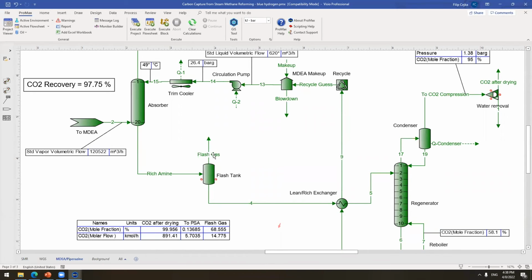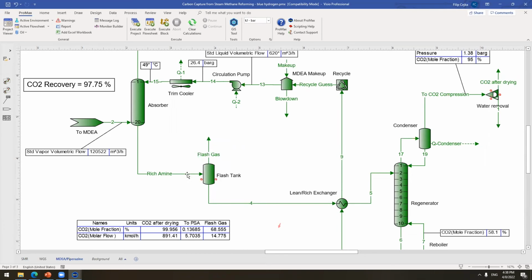and you might ask, why is there a flash tank? Why is it not going straight to the regenerator? So as you saw before, there are some hydrocarbons inside, and they've been captured in there. And we don't really want these hydrocarbons to be lost into the CO2 in the final product. It's going to be mostly CO2. So we try to flash it here and reduce the pressure. We're coming from about 26 bar gauge to about 4.1 bar gauge.